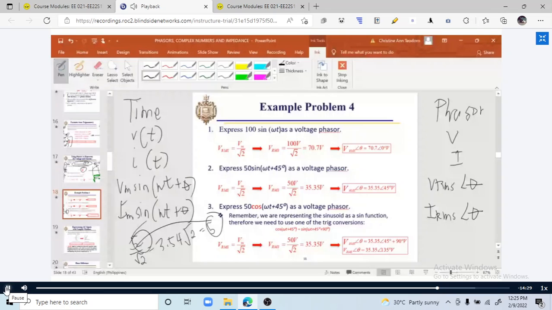I want you to learn both conventions, the cosine convention and the sine convention, and both processes: what is happening and what will be the answer. Either you take the cosine or the sine convention, you will come up with the same answer. They just differ on the angle, because sine and cosine differ by an angle, but you would naturally come up with the same answer.